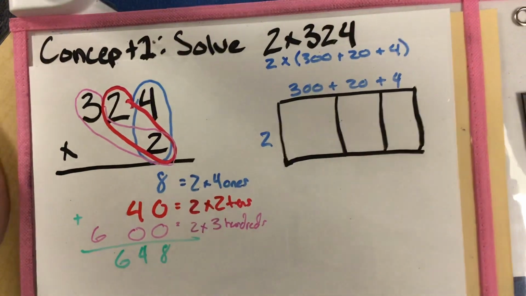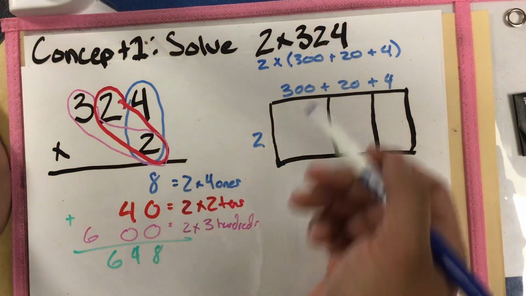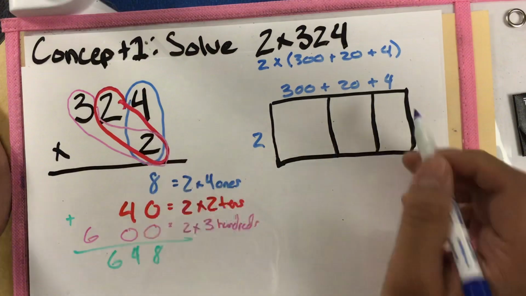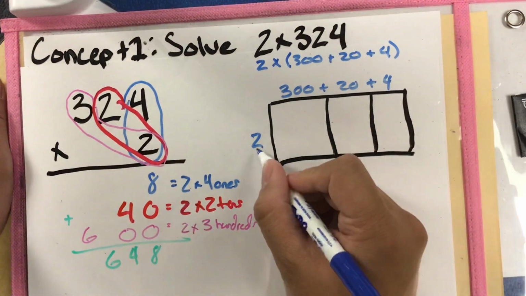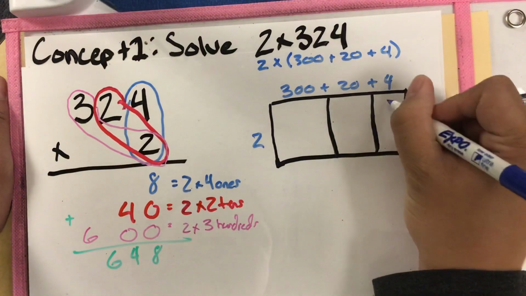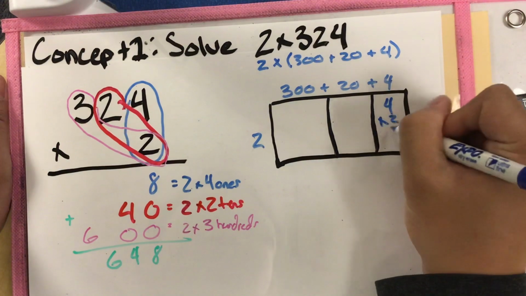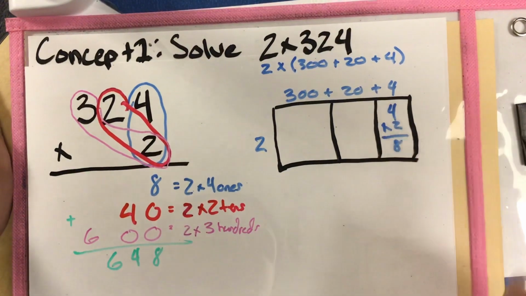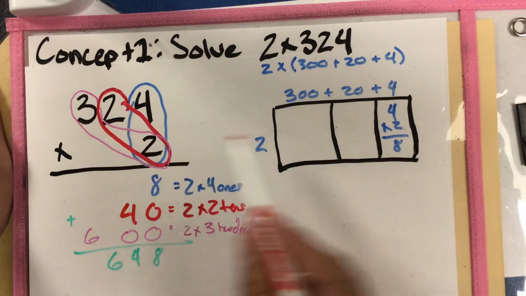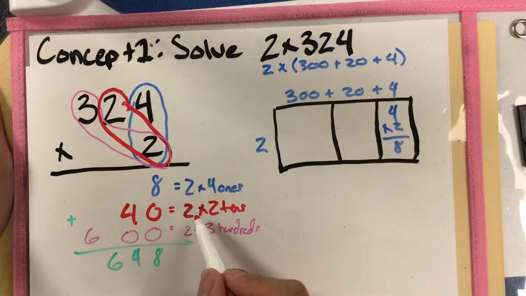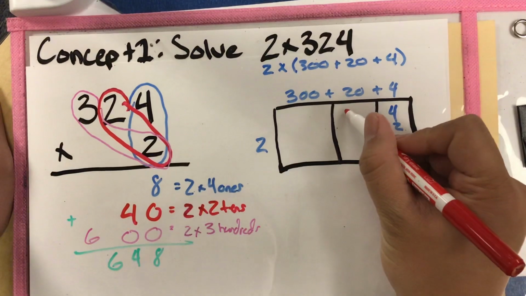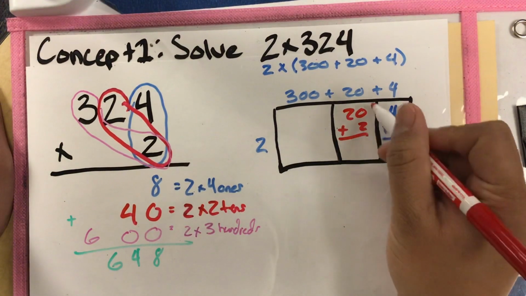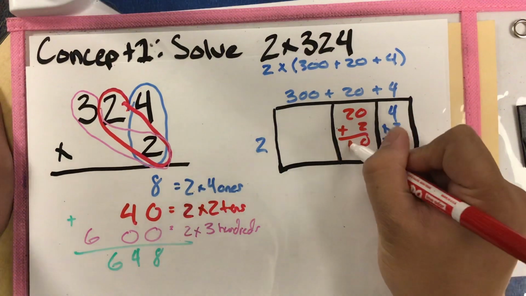Okay, so now we're going to begin. Oh, I should have done that in a different color. Anyways, our 4 times 2 is the same thing right over here. 2 times 4 equals 8, so the area of this rectangle here is 8. Then we have 2 times 20, which is 2 times 2 tens. So 20 times 2 equals 2 times 0 is 0, 2 times 2 is 4.